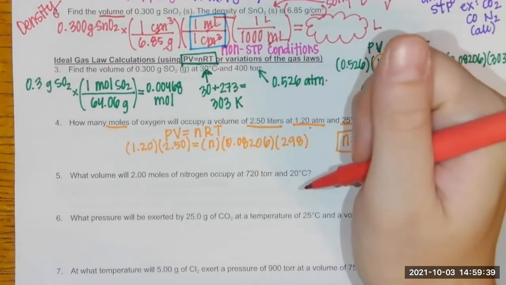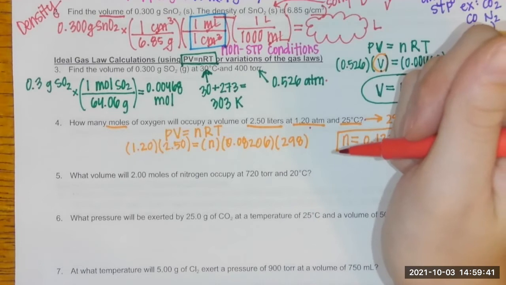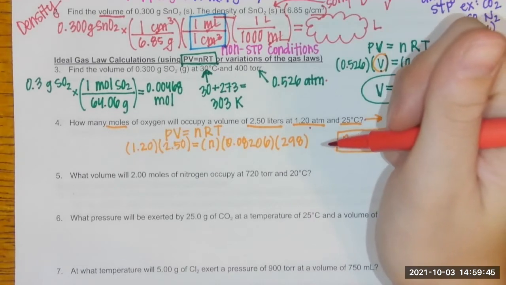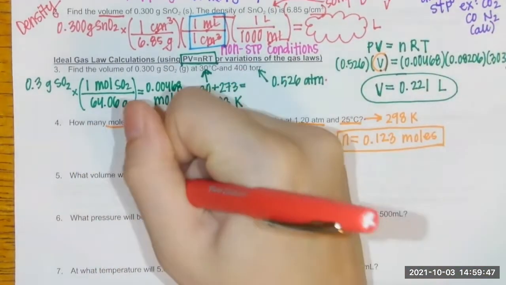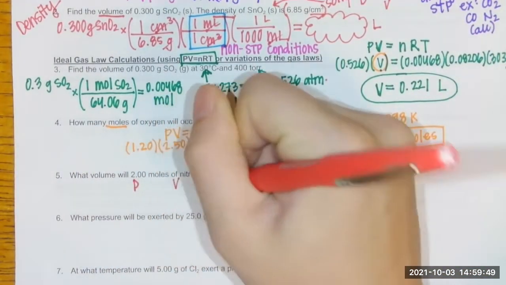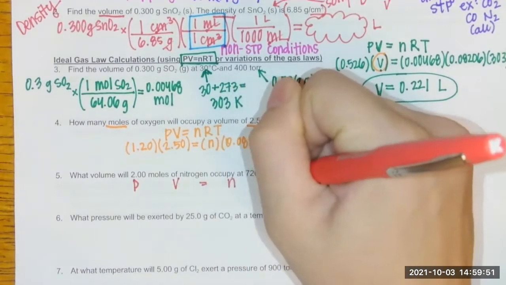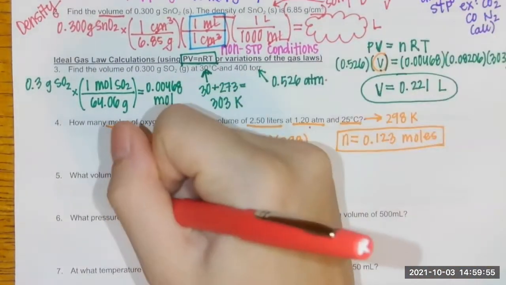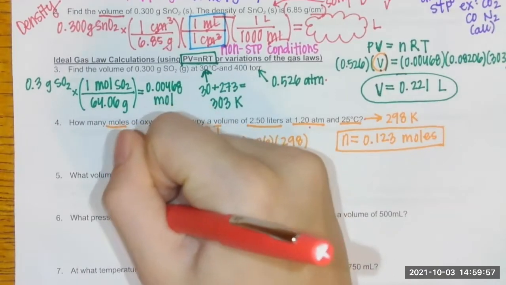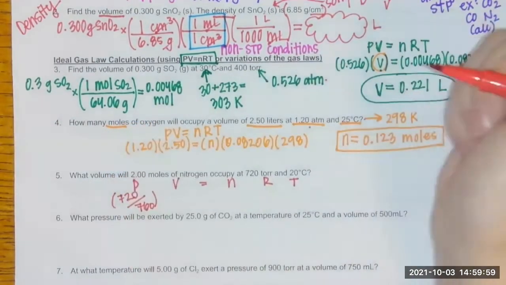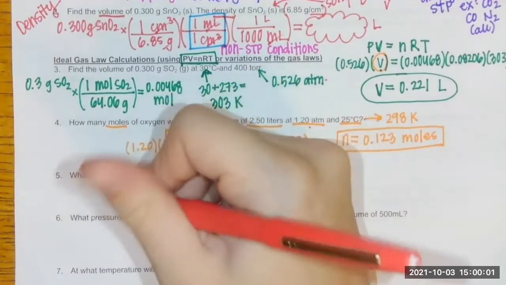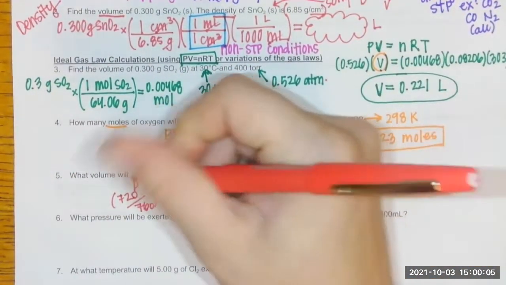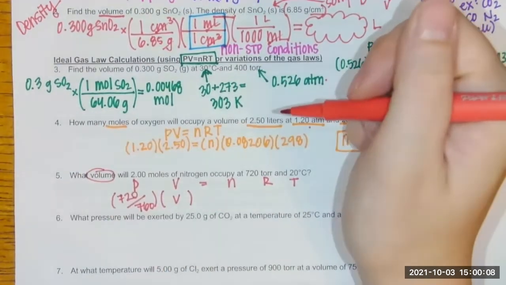If I take 720 divided by 760, because there's 760 torr in an atmosphere. Okay, let me write this out. PV equals nRT. The pressure is going to be that 720 divided by 760. That's how I'll get it into atmospheres. I don't know the volume. It's asking me what volume.